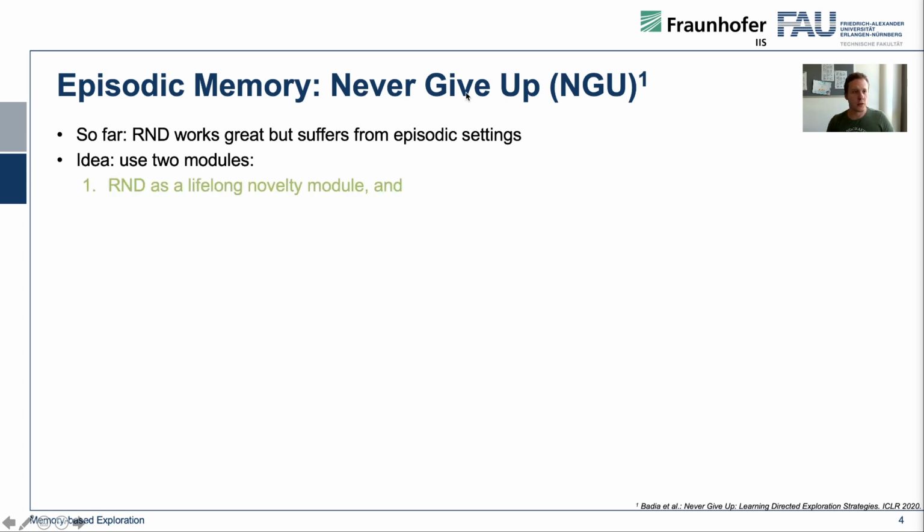The idea is to use two modules. The first module is the RND module. It's something like a lifelong novelty module, which is implemented as it was introduced originally in the publication. However, there is a second module used in combination with the RND module, and it implements something like an episodic novelty module that allows for rapid in-episode adaptation.